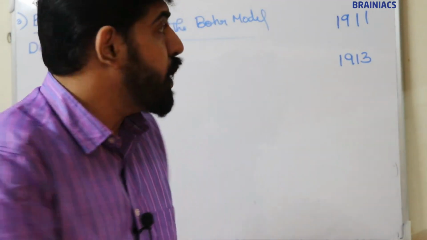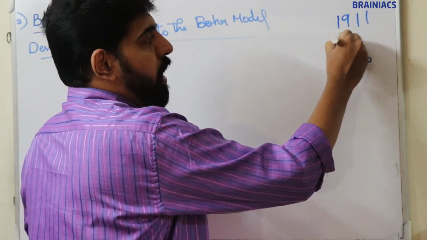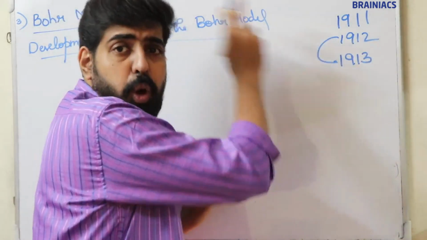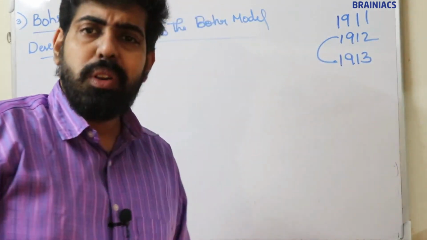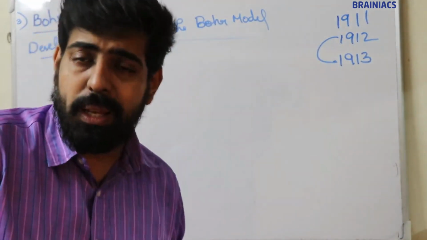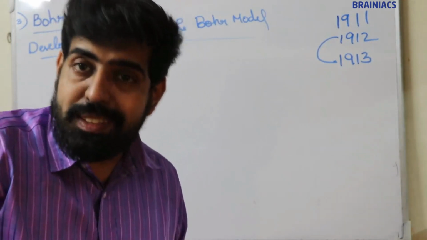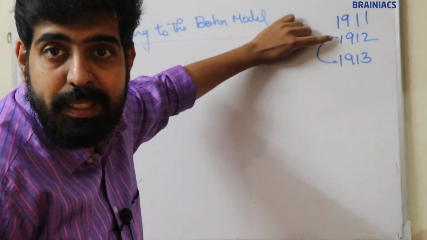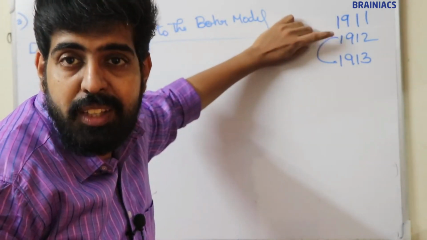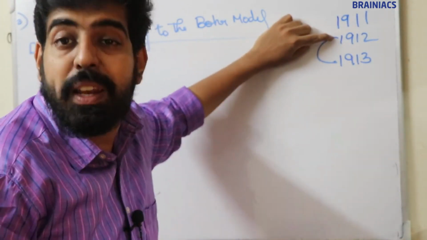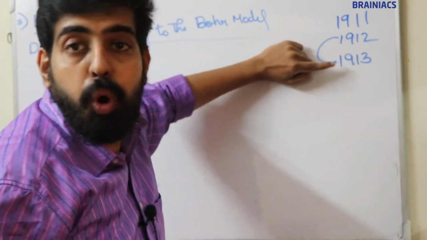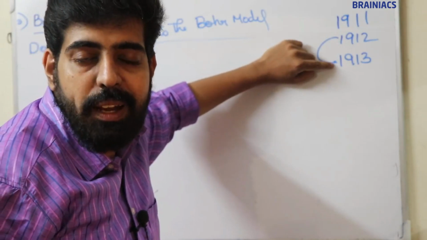After 2 years, in the year 1913, Niels Bohr proposed this model, after understanding so many results which were discovered in 1912. So many discoveries and explanations were made, and using those explanations, Niels Bohr proposed a new model in the year 1913.